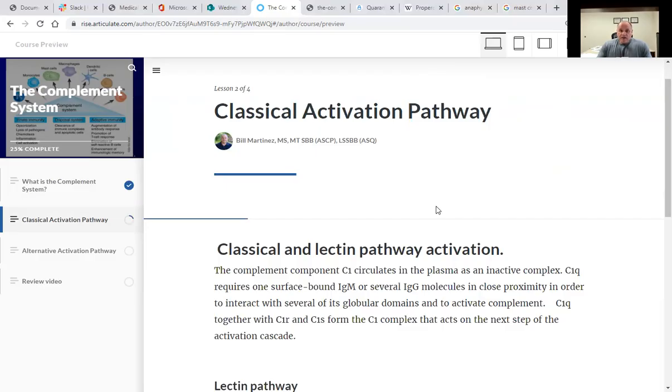So the classical activation pathway begins with C1. C1 circulates in the plasma as an inactive complex.